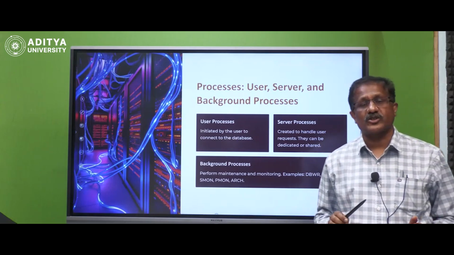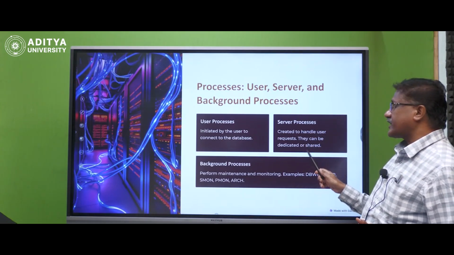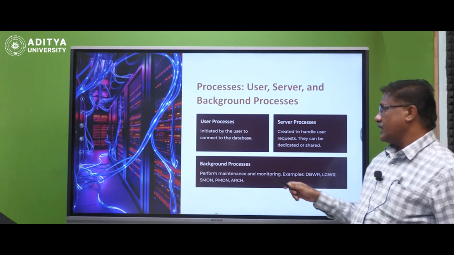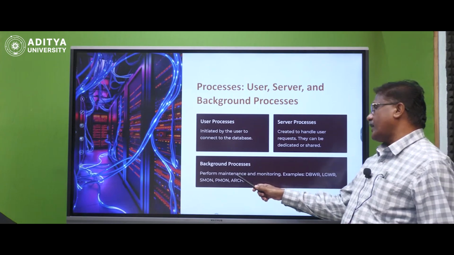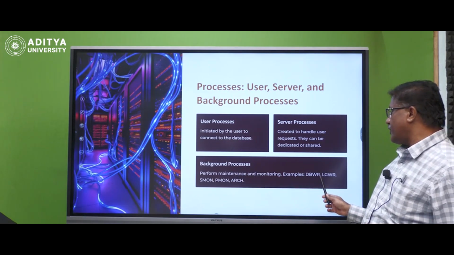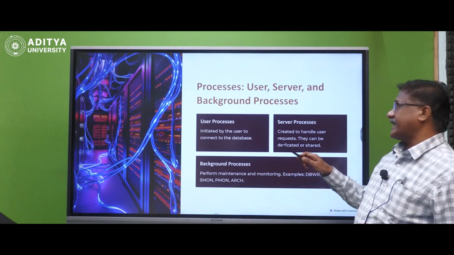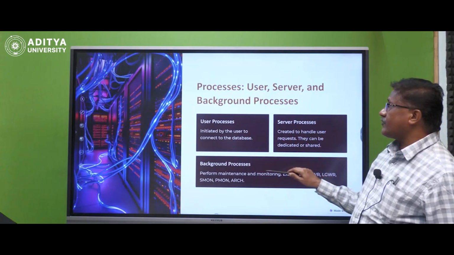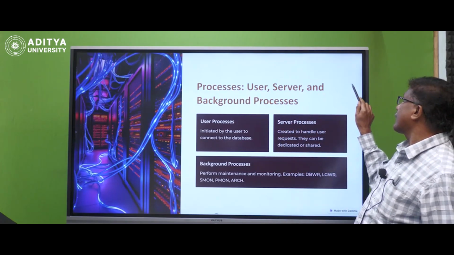Whatever request the user makes to the database, the server has to respond. It can be dedicated or shared. And third one is background processes. These are programs that perform maintenance and monitoring. Examples: DBWR, LGWR, SMON, PMON. All these things are involved in the complete process of Oracle database.